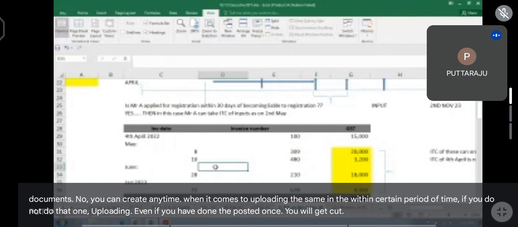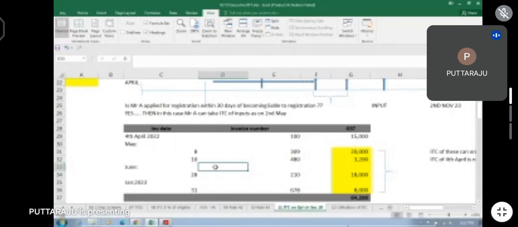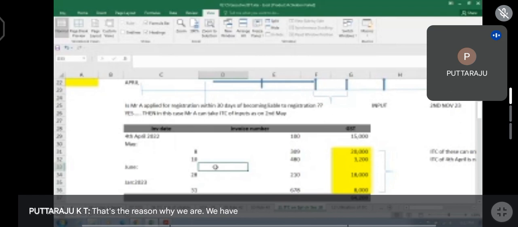Right? Because we are the representatives of the government as well as serving the clients. That's the reason we have so much scope and name for our professions.